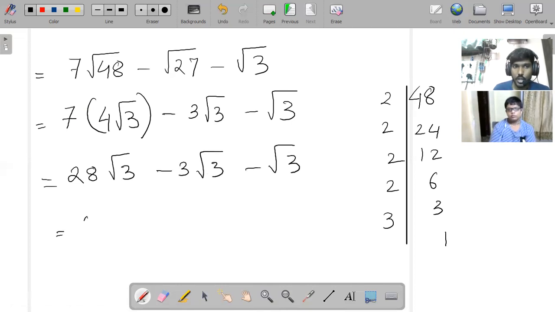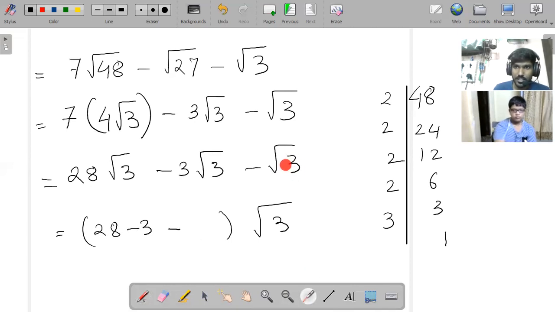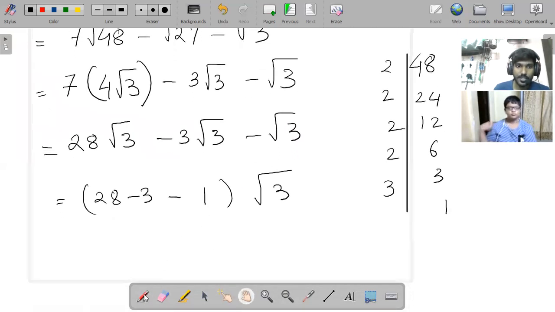Now, root 3 is common. So write it outside. And inside 28 minus 3 minus. Now, from here, root 3 went common outside. What remained? 1. So minus 1. So how much is 28 minus 3 minus 1? 24. Correct. So this becomes 24 root 3. Now, is this clear?